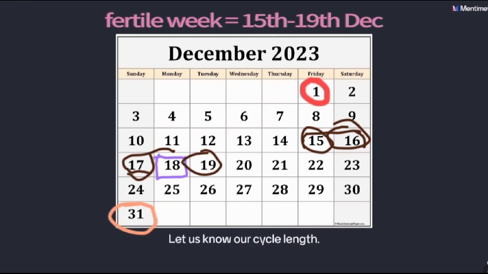Meaning that if you have sex within this time frame, the sperm will be waiting for your egg to come out. The sperm can live up to 3 days in the female reproductive tract, in the fallopian tube, in the vaginal tract. It can live up to 3 to 5 days. So that's why the fertile week is calculated like that.